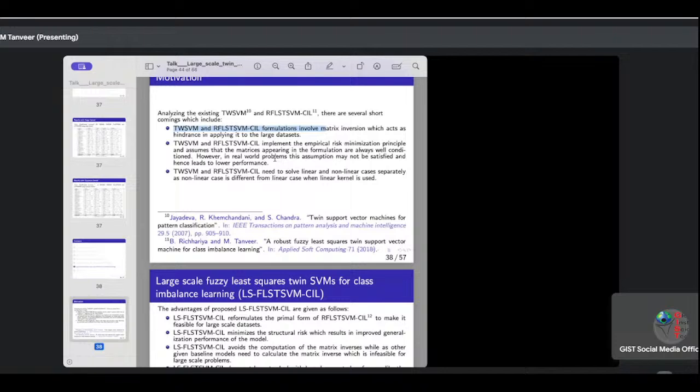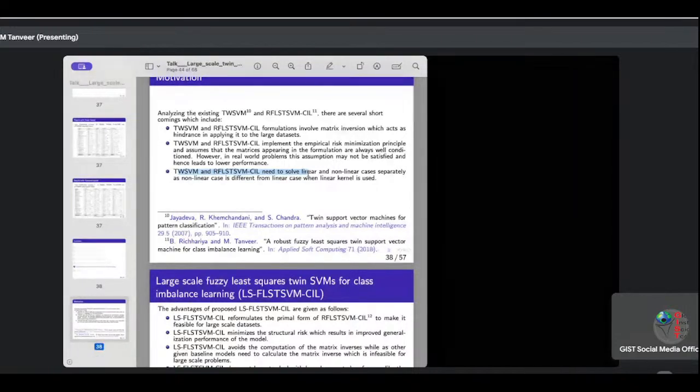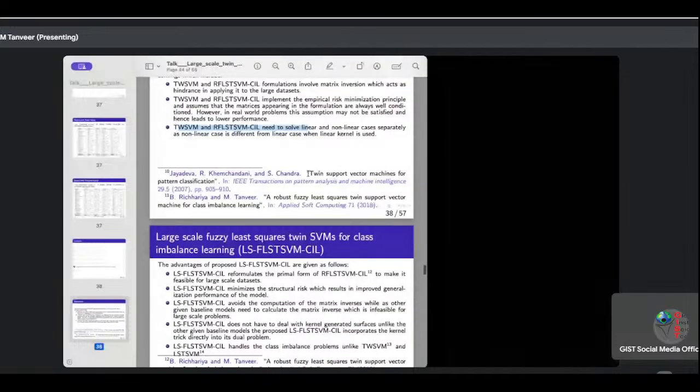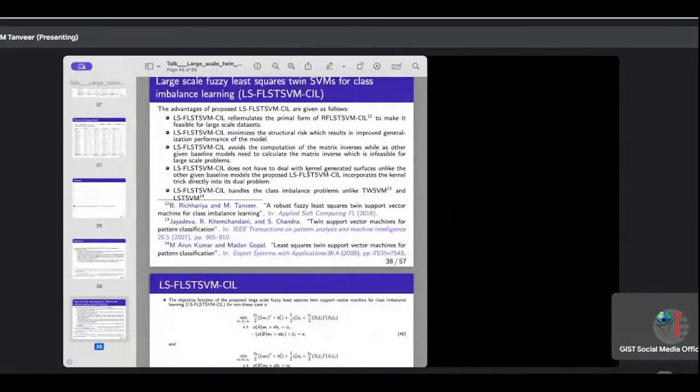However, in real world problems, this assumption may not be well satisfied and hence leads to lower performance. And both formulations solve linear and non-linear cases separately, as the non-linear case is different from the linear case when a linear kernel is used. So, what are the contributions and what are the advantages of this algorithm?